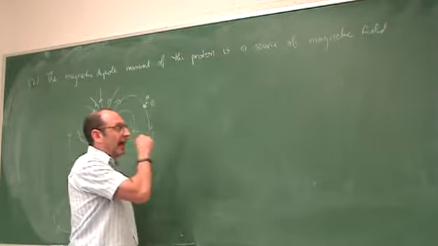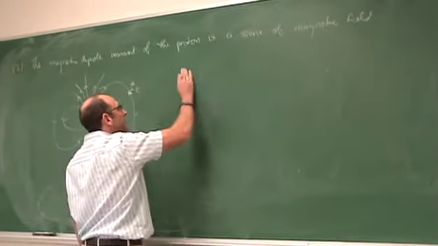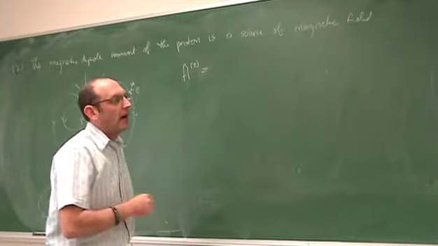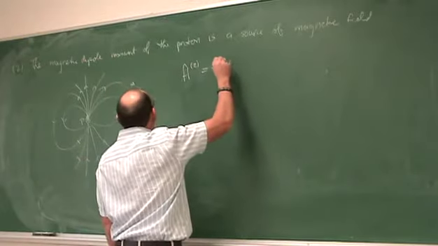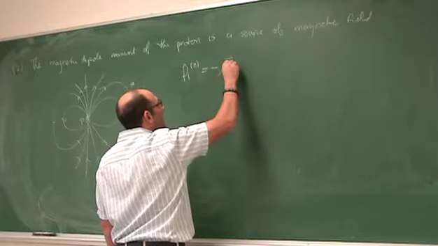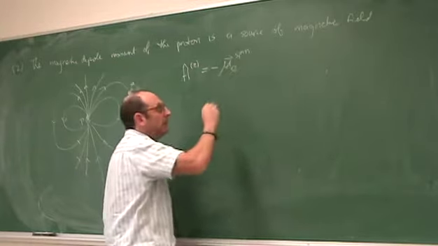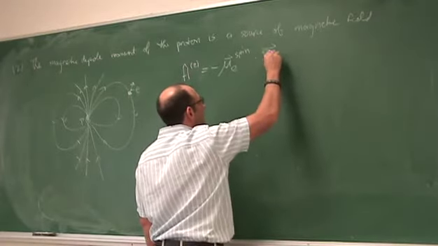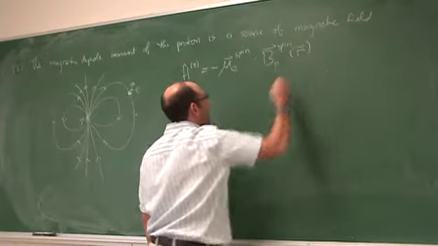So this interaction is the spin magnetic moment of the electron, interacting with the proton's magnetic field due to the spin of the proton at the position of the electron.